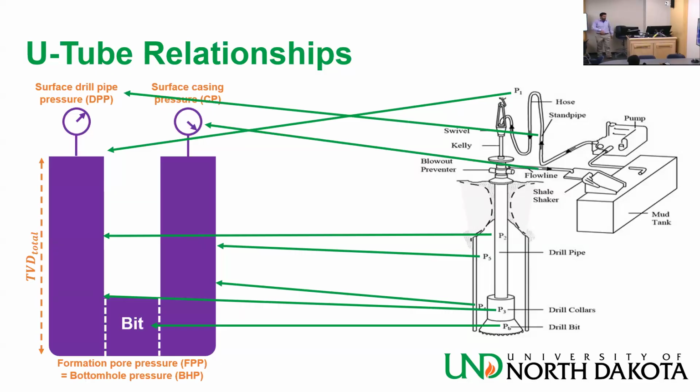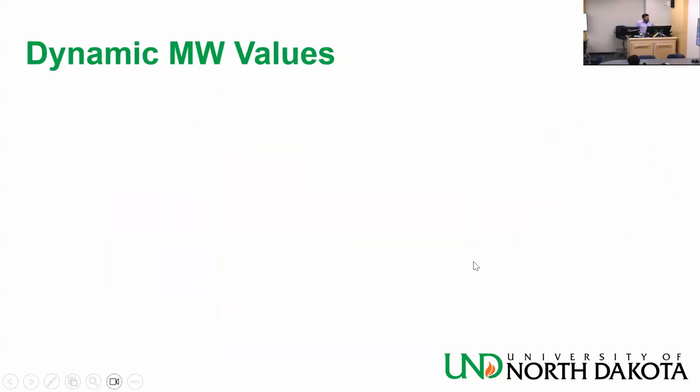But again, the U-tube model is always valid. You learned about this 0.052 equation, and that was a static mud weight, right? Things were not moving. How do I incorporate those dynamic frictional losses? I need to use a dynamic mud weight value.